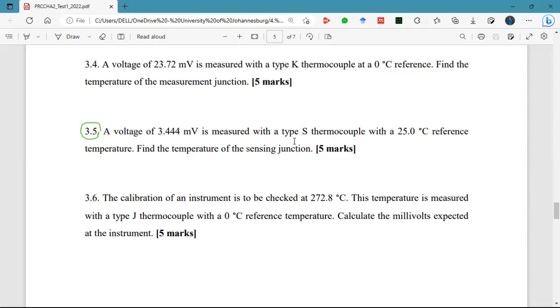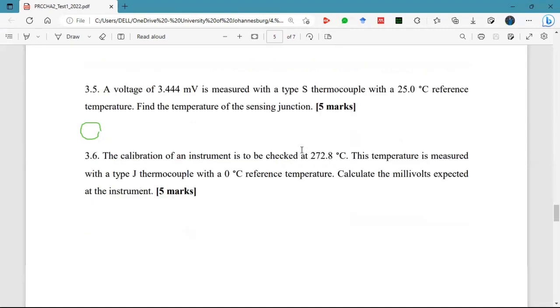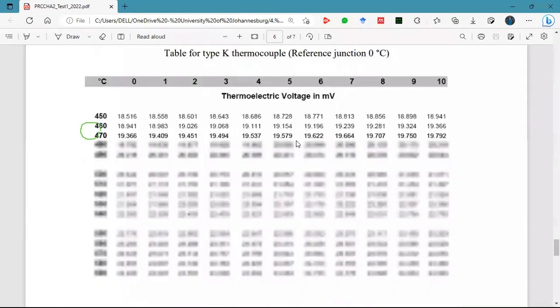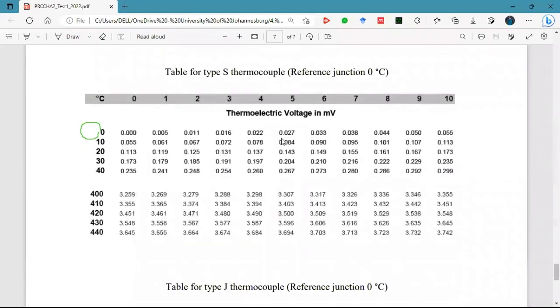You go to your type S thermocouple and find the voltage output at 25 degrees, right? Type S at 25 degrees. Type S, 20, 1, 2, 3, 4, 5, at 25 is this one, 0.143, right?